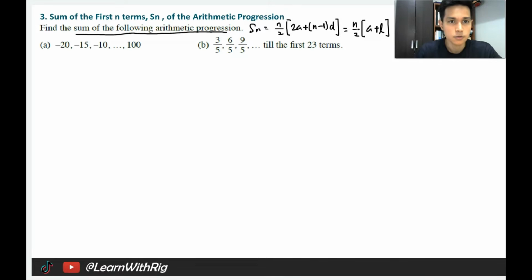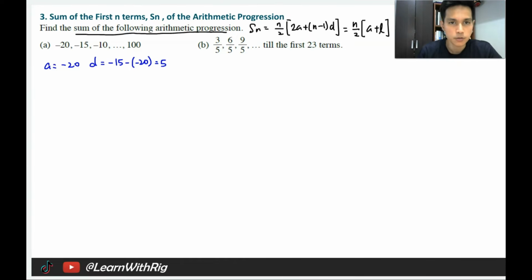Okay, so in question 1, they're giving you the sequence here. What you notice is that they give you the first term, which is negative 20. Can you find the common difference? Yes, you can: negative 15 minus negative 20. The answer is 5, so the increment is adding 5 for every term.